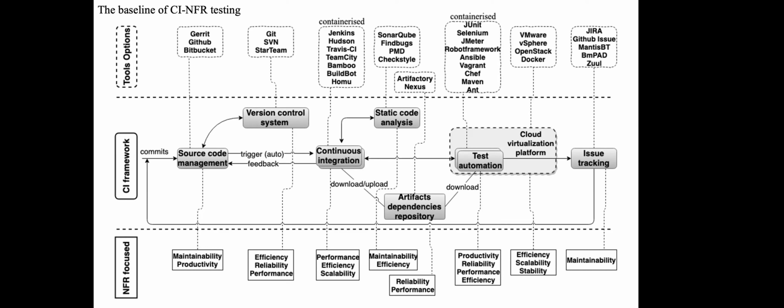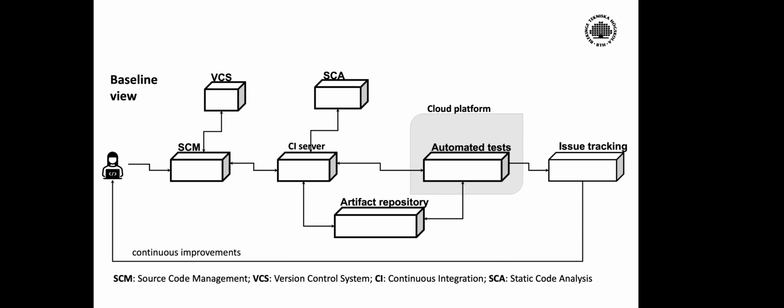At the bottom are the NFRs, which potentially can be mapped to individual CI components. Before we dive into industrial findings, we draw the baseline view in this part, which could help us to compare the industrial result to the academia finding.